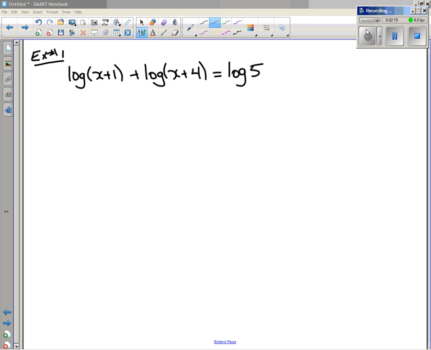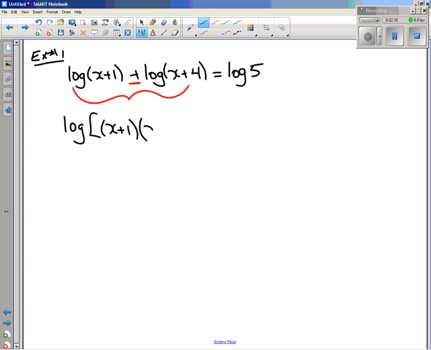Because we have two logs that are added together, we could take this left side and say that's the same as log of x plus 1 times x plus 4. We're just pulling those together using our product law, and that equals log of 5.